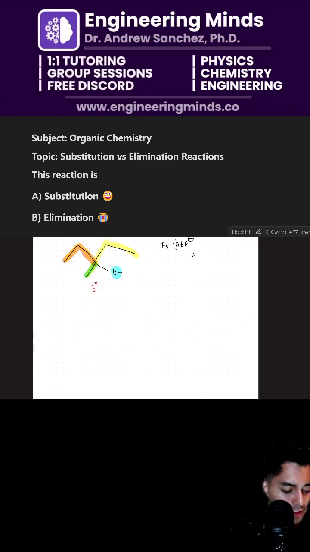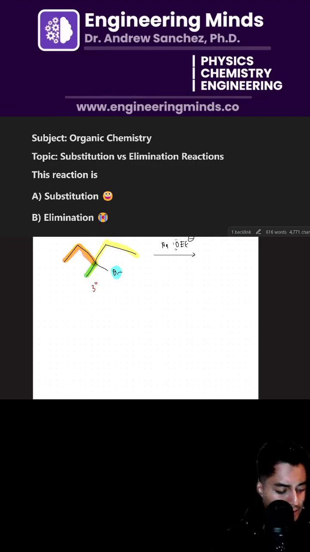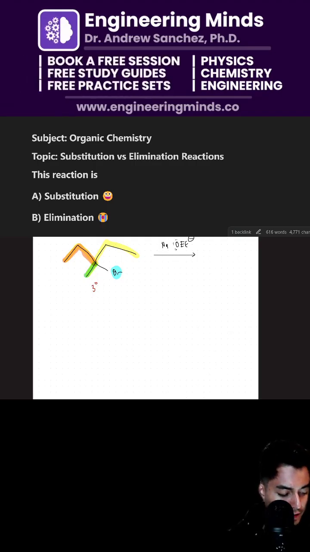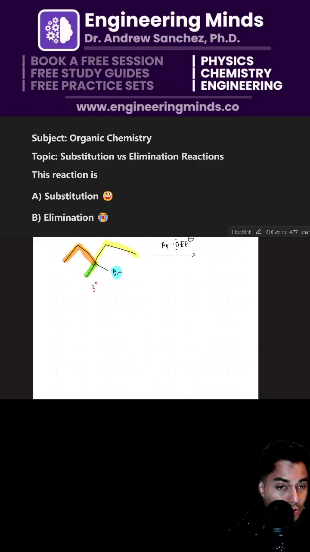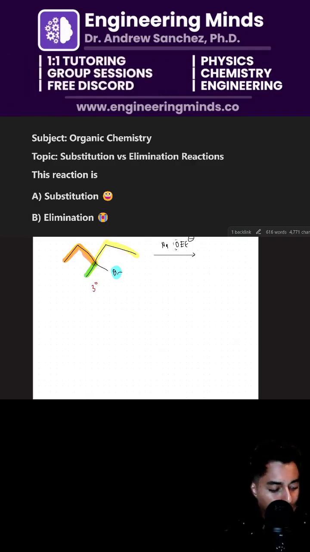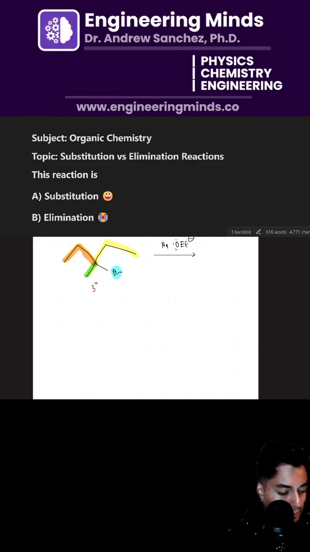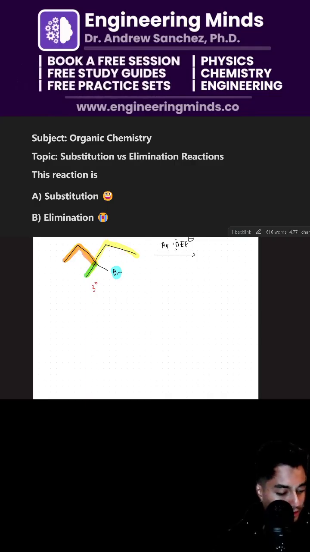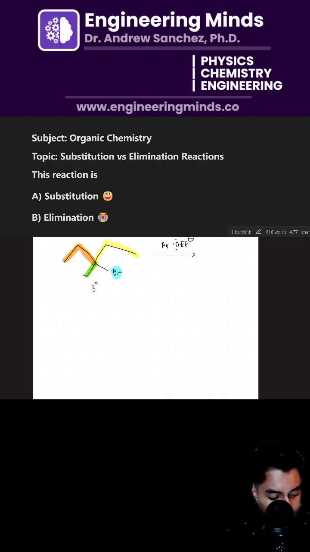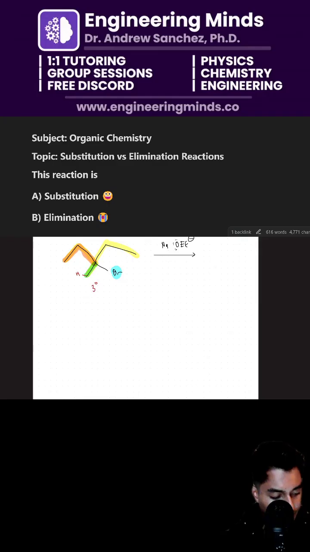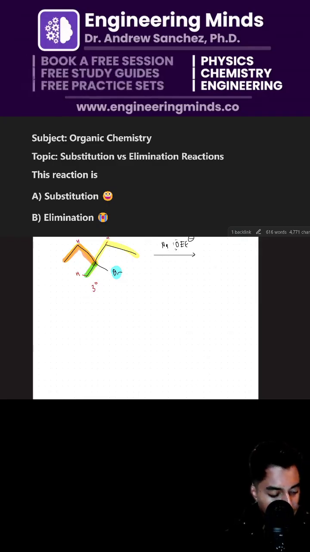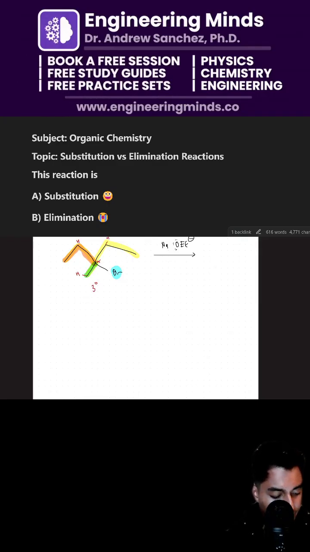No beta carbons, can't be E2. So it can't be, let's see here. We do have some beta, don't we, though? Why do you suggest we don't have beta here? So we do have some beta ones here. Okay, I see some beta protons right over here. This is H, H over here and H over here. Remember, the first carbon over, that's our alpha carbon.